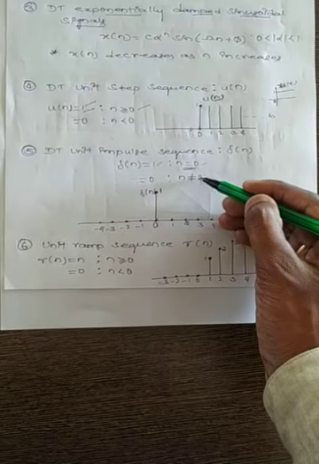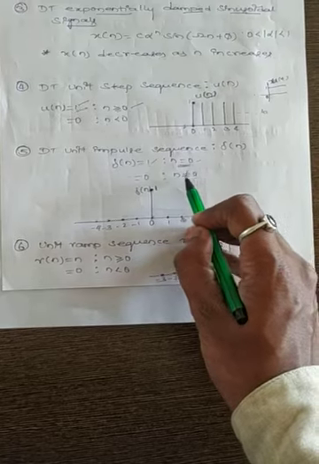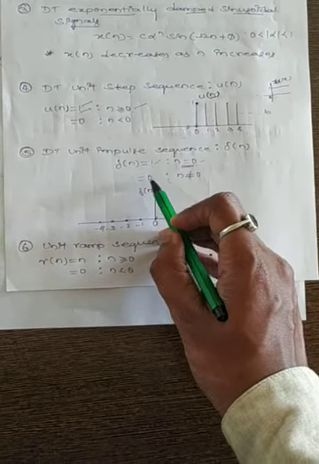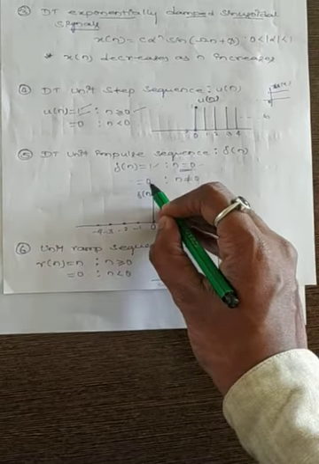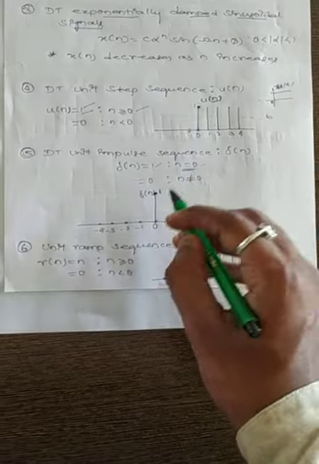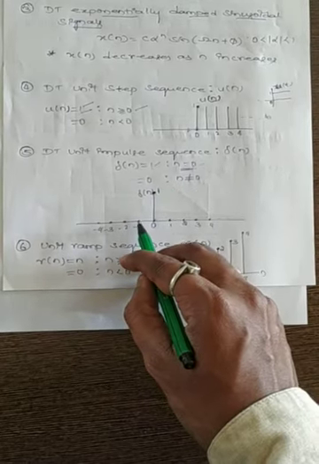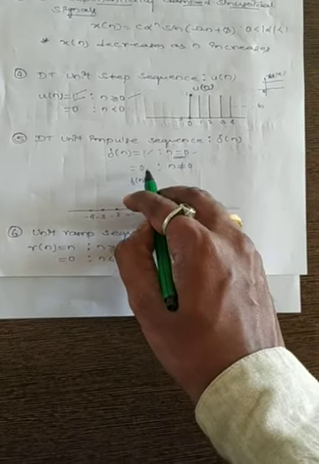When n is not equal to 0, then it will be 0. That means if it is present at 1, then it is 0. If it is present at 2, then also it will be 0. If it is present at -1, or -2, on the left side, it will be 0.